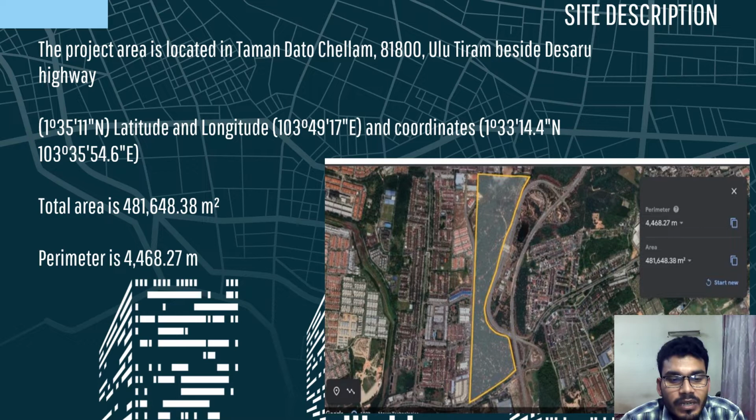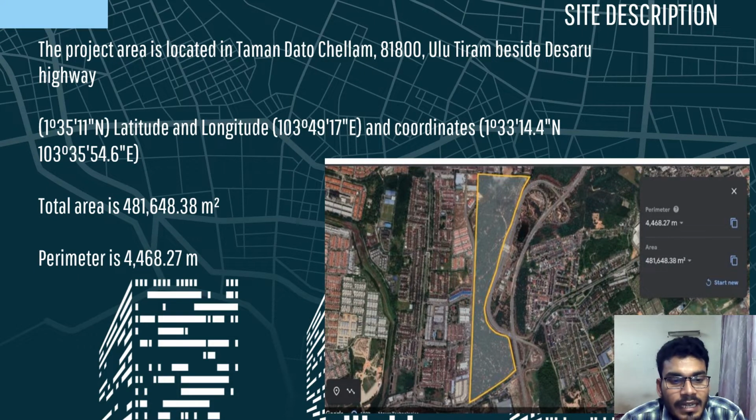The project area is located in Taman Dato Selam, zip code 81800, beside the highway of Ulu Tiram. Its latitude is 1 degree 35 minutes 11 seconds north, and longitude 103 degrees 45 minutes 17 seconds east, and its coordinates are 1 degree 33 minutes 14.4 seconds north and 103 degrees 35 minutes 54.6 seconds east.